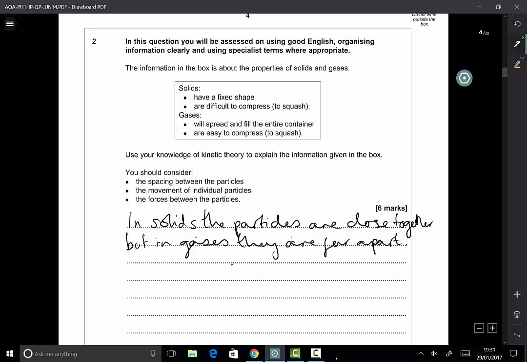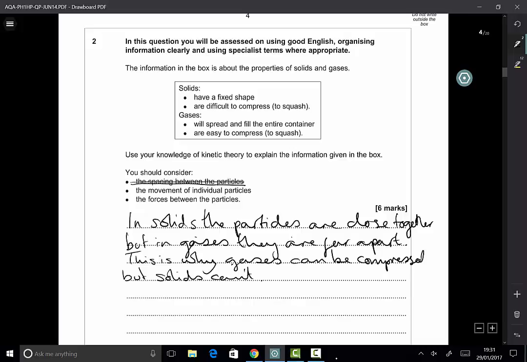Okay, so we've described this, but we've not yet related it to the information in the box. And what this relates to is their compression. This is why gases can be compressed but solids can't. Okay, so we've done that one.